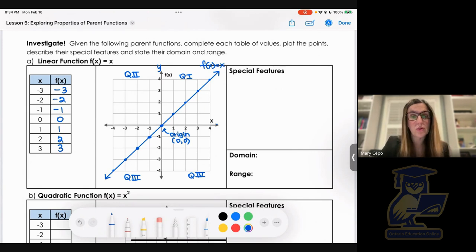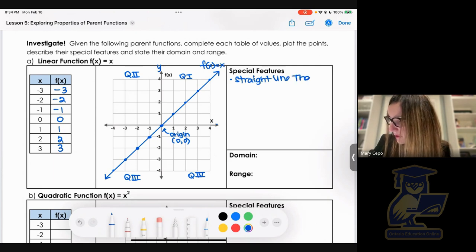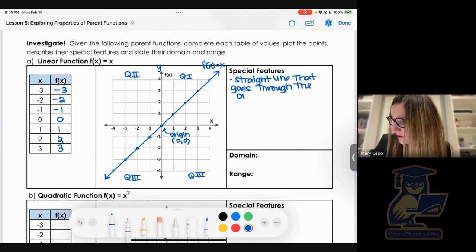Special features. Well, looking at what we have here, the parent function for the linear function f(x) = x is a straight line. So we can say it's a straight line that goes through the origin, that point 0, 0.